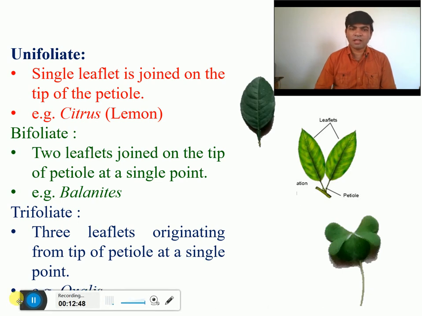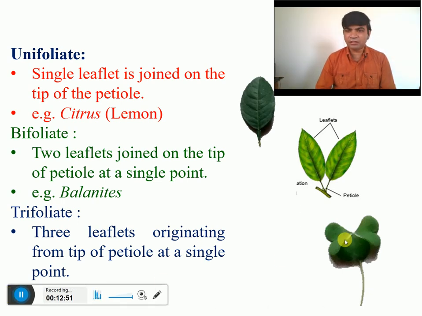This is a very common plant, and here we can see one leaflet, another leaflet, and the third leaflet, which arise from a single point at the tip of the petiole. So that's why this is called a trifoliate palmately compound leaf.